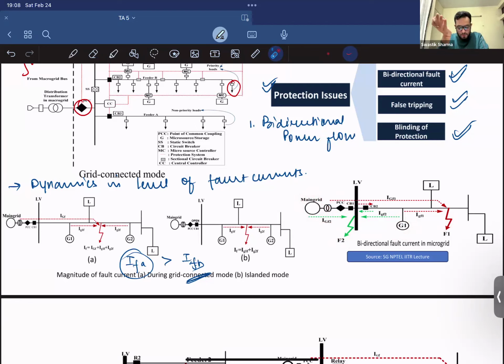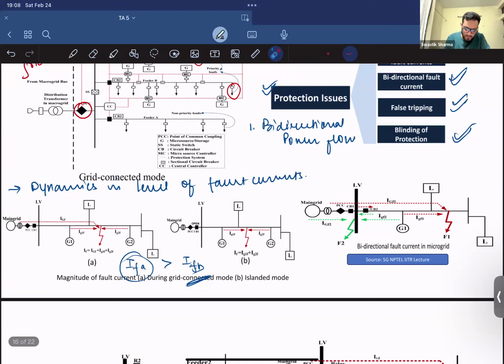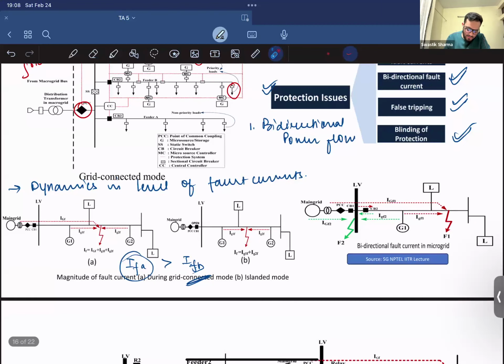Now the direction of fault current is also important. The circuit breakers sense two currents: IGF1, coming from the main grid, and IGF2, coming from this smaller DG. So if we take the summation, what will it be?